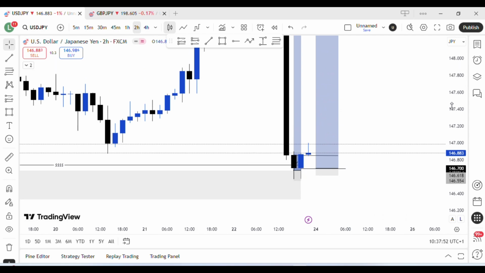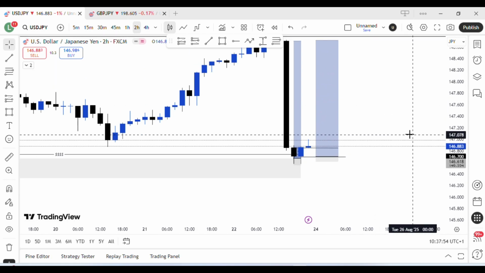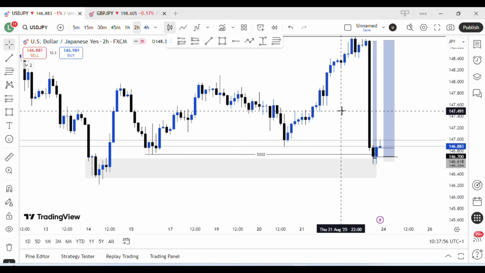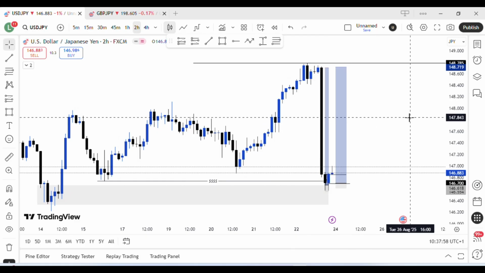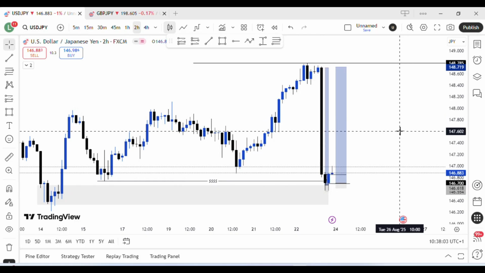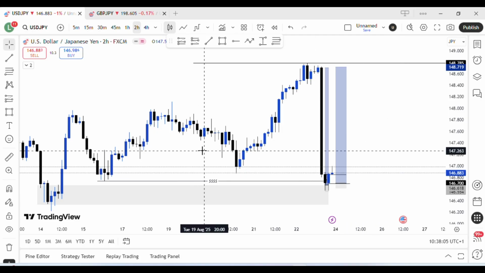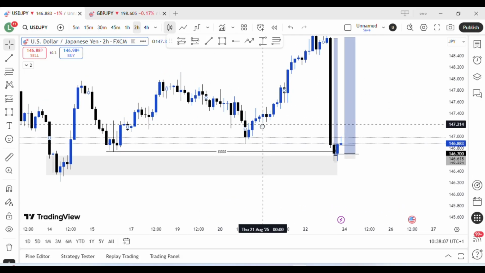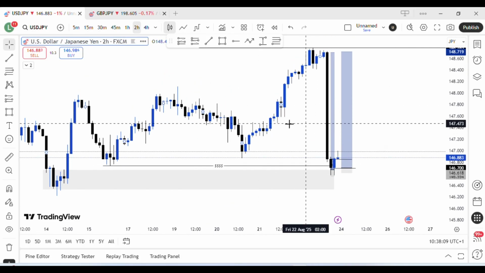Okay, that is for USDJPY. USDJPY next week on Monday, August 25th, we are going to buy. Although the market can do another thing, the market can change its direction.